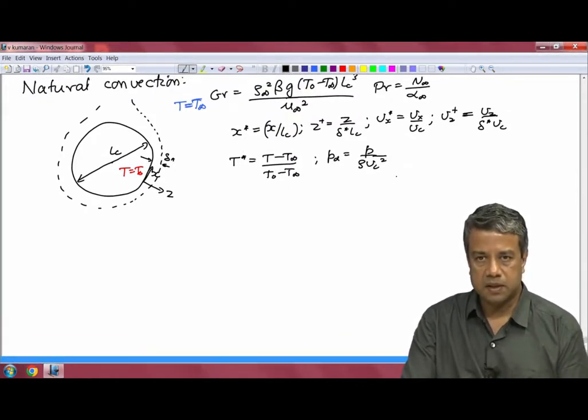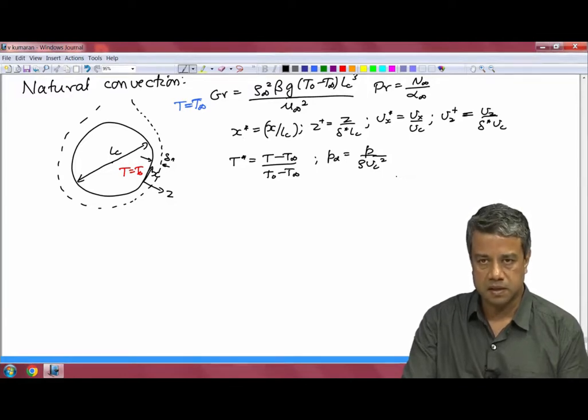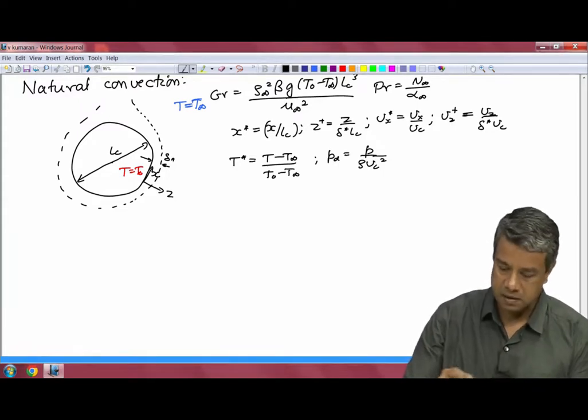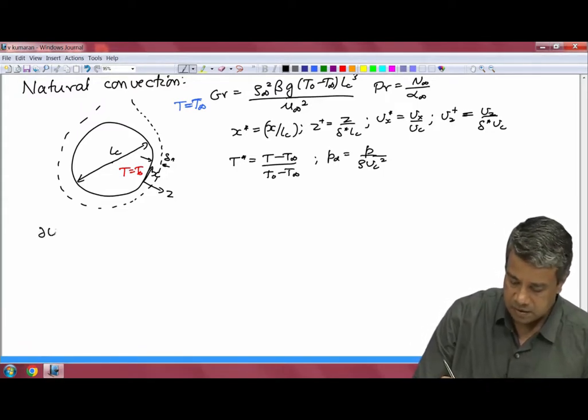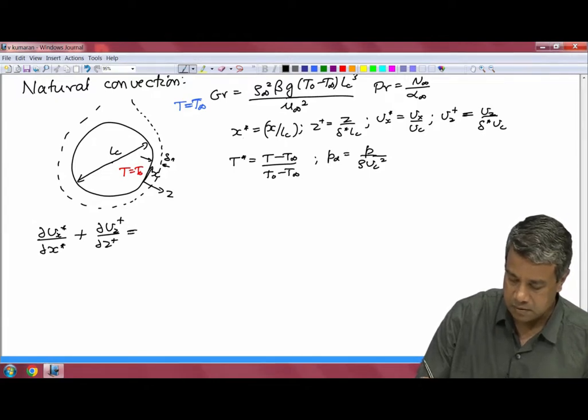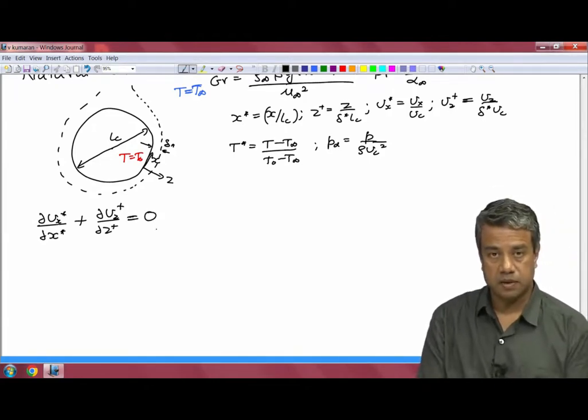Based upon these scalings, the mass, momentum and energy conservation equations that resulted, after neglecting all terms that were order delta or smaller, gave partial Vx by partial x plus partial Vz by partial z equal to 0, the mass conservation equation.